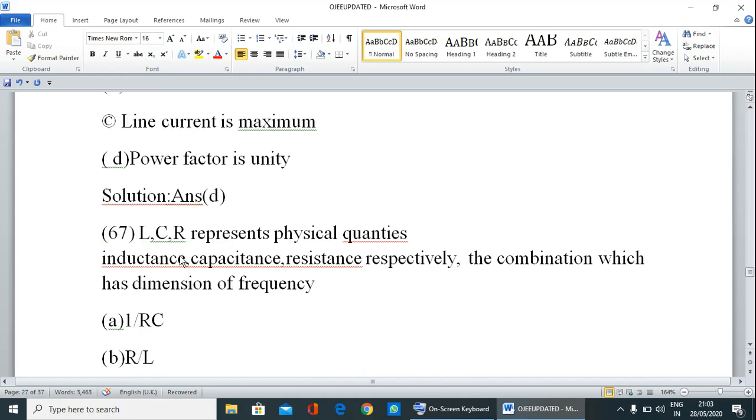Next question. L, C, R represent the physical quantities inductance, capacitance and resistance respectively.